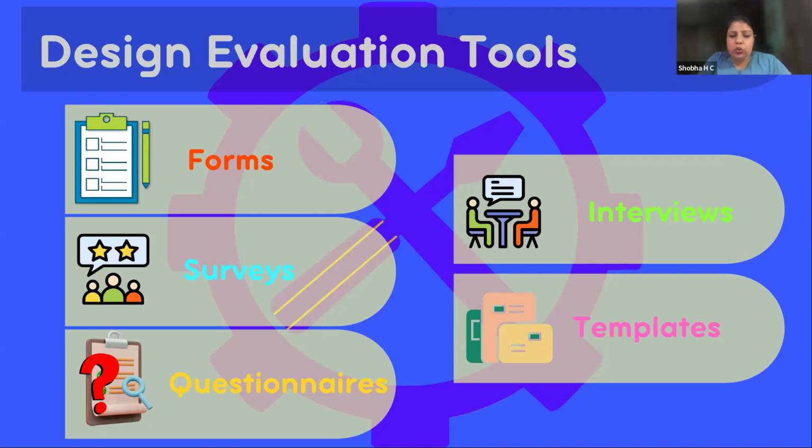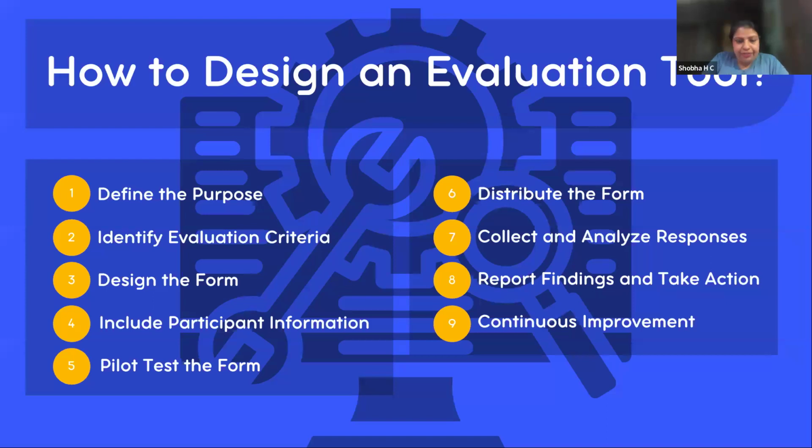And whichever tool you use, there are certain parameters to be kept in mind, which we'll go through. But do we all know what forms are, what surveys are, what questionnaires are, interviews? I don't think we need to do a deep dive into what each one is. Unless you have any thoughts or questions to ask me, we can move on. I'm assuming all of us have clarity. So let's move on to understand how do we.